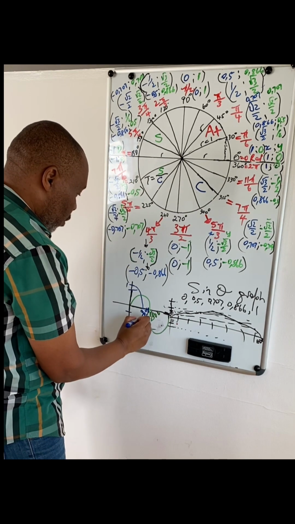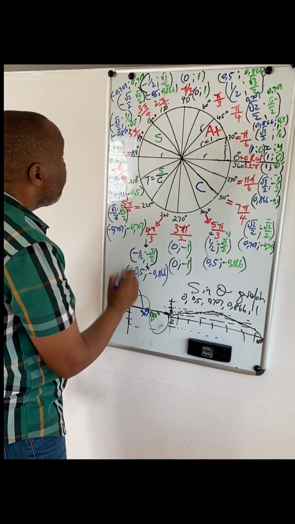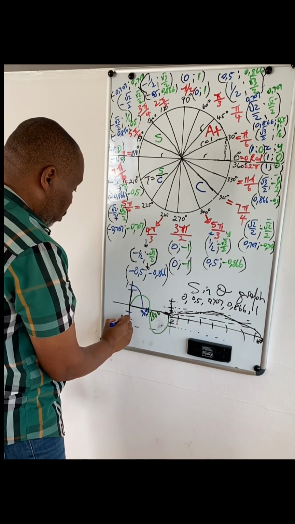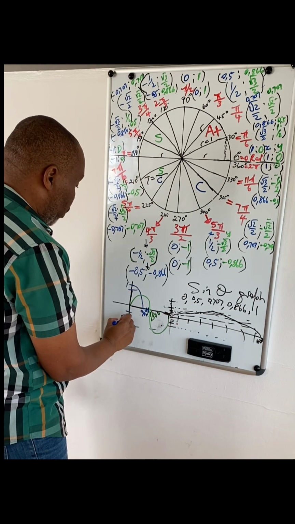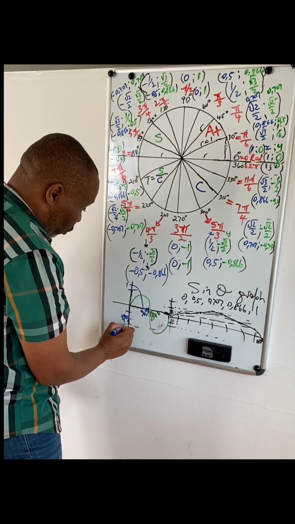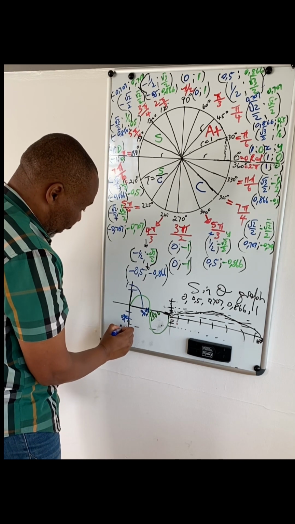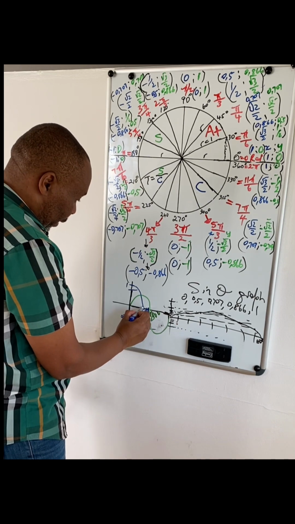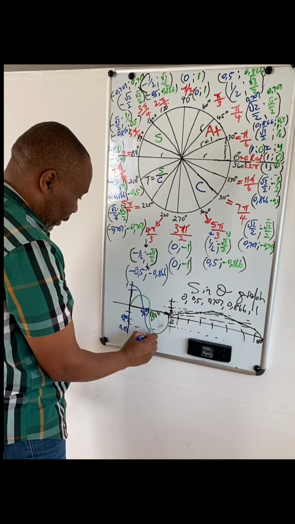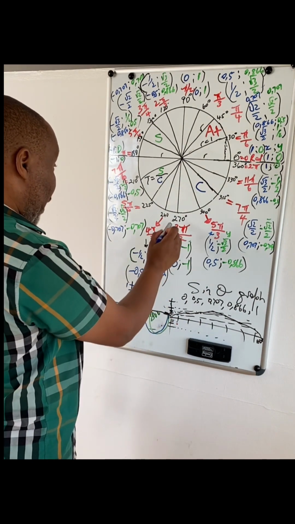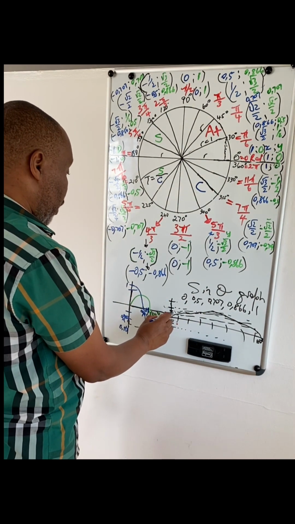It's negative half, negative 0.707, it goes down to negative 0.866. It goes down like this, and it reaches 0 at 270. This would be our 270.